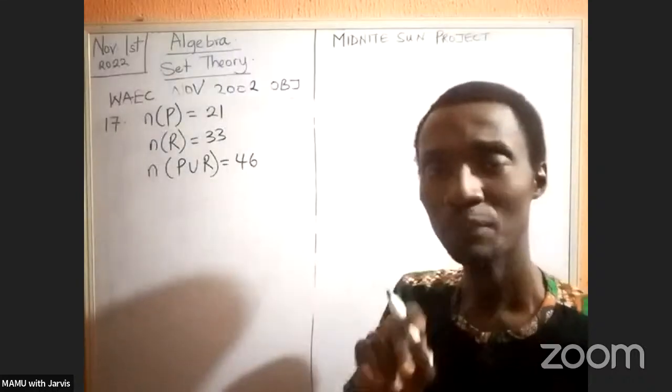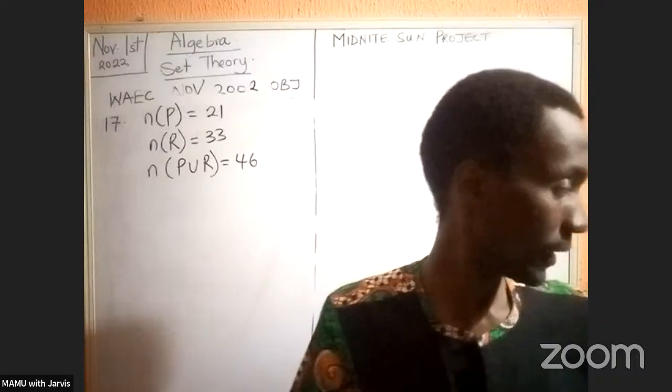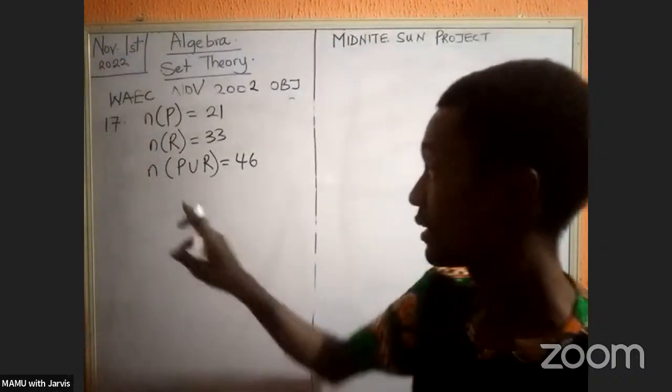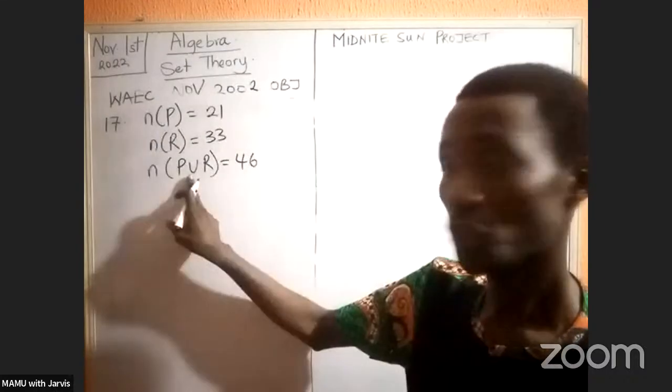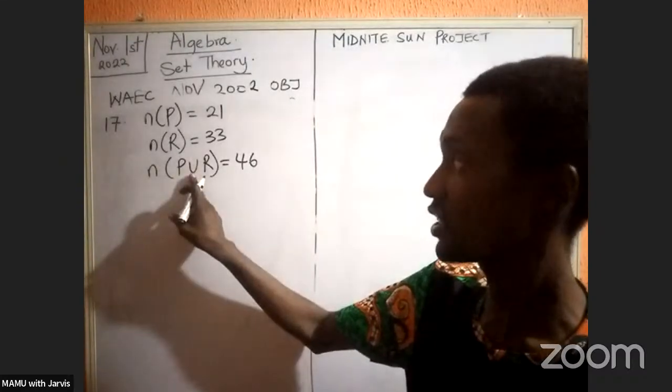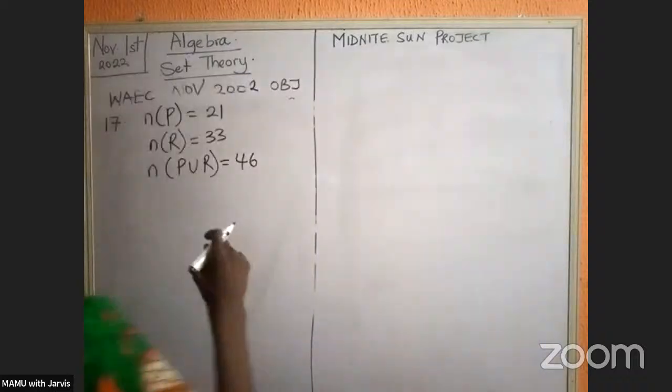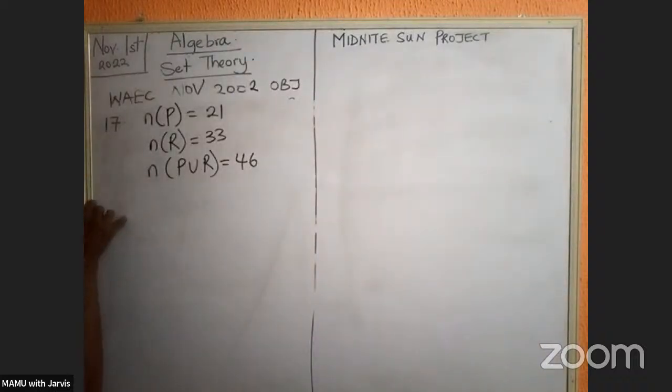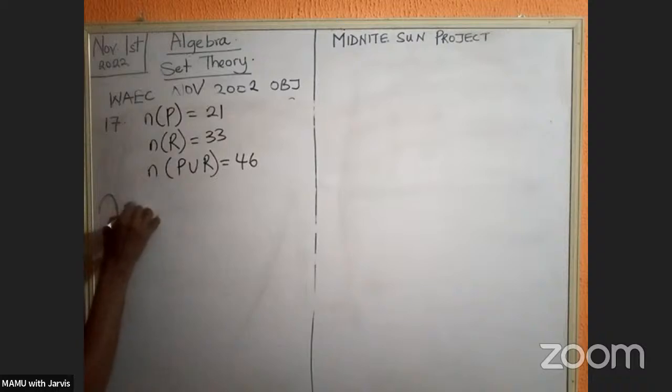You'll discover that there is a new idea added here. And what's that idea? Union. P union R. So this symbol you're seeing here is union. So maybe I want to make a little footnote here. Anytime you see this symbol, it's not N, it's intersection.